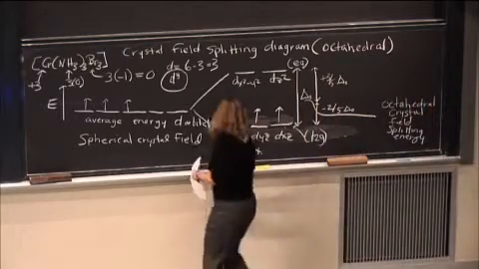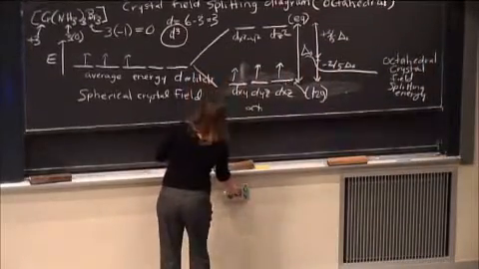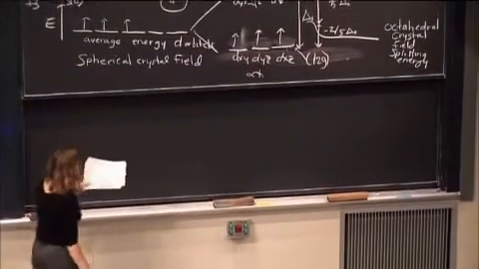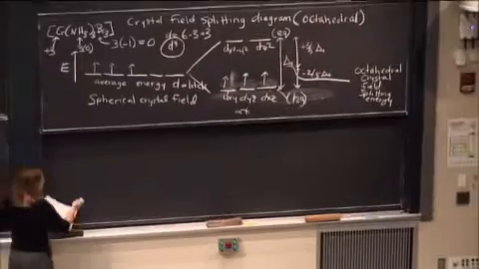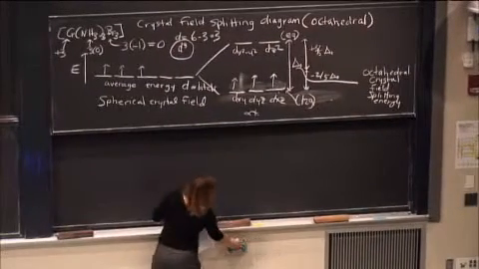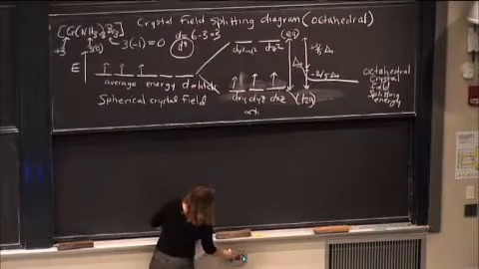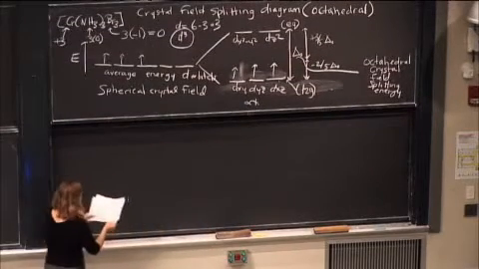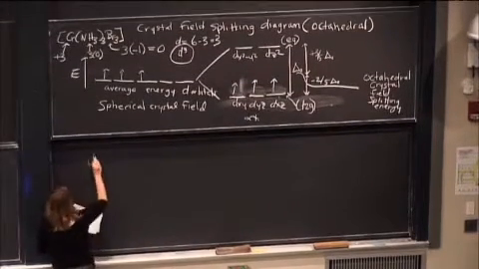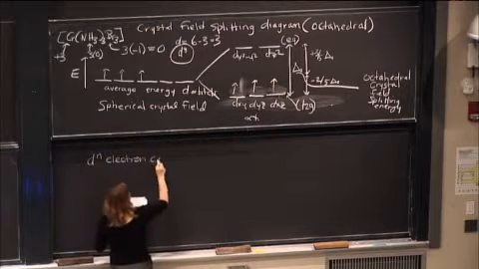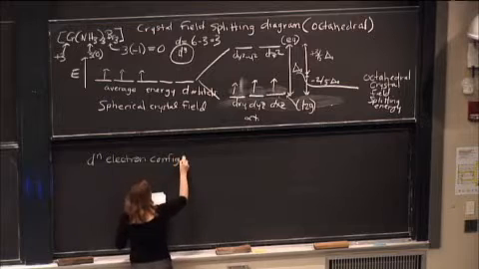Now we can introduce a couple other terms, which is why I realized I forgot to put the labels on. So you'll often be asked for something called the dn electron configuration.